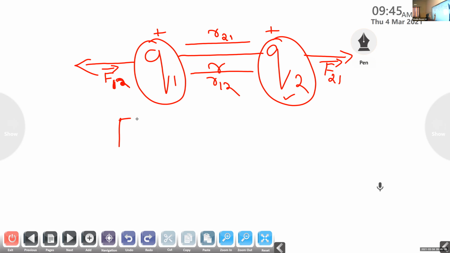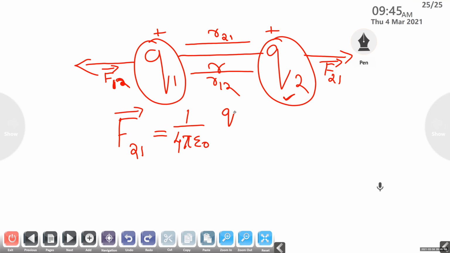It is given by vector F21. According to Coulomb's law, what is the force experienced by this charge Q2? It is given by F21 equals 1 by 4 pi epsilon 0. What are the two charges present? Q1 and Q2, yes.